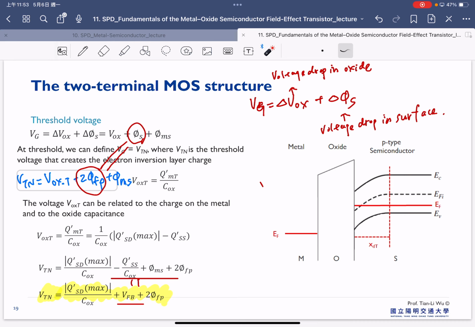You need to go through it at least once, because if you give up in the middle, you will still be very confused. You need to have a little bit of passion to go through it until the end, and finally you will realize why, in this case, this is our goal, and why we have to calculate the flat band voltage and consider this one, because that's all related to our threshold voltage here.